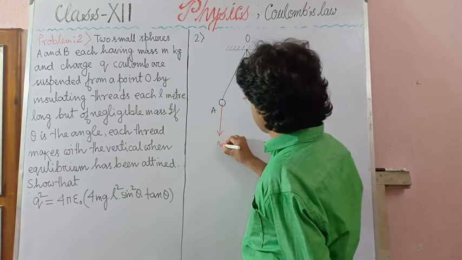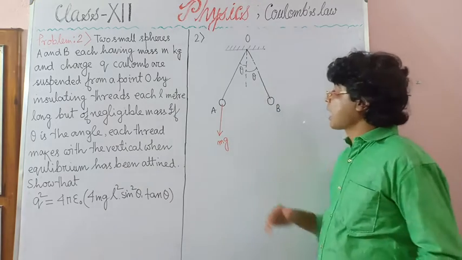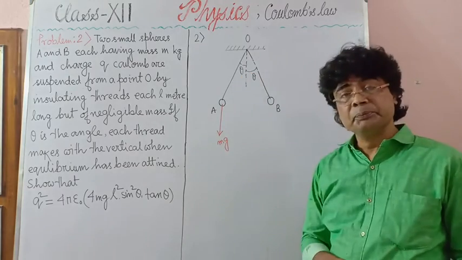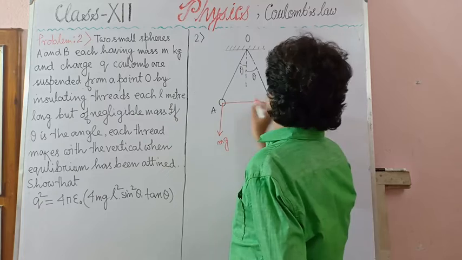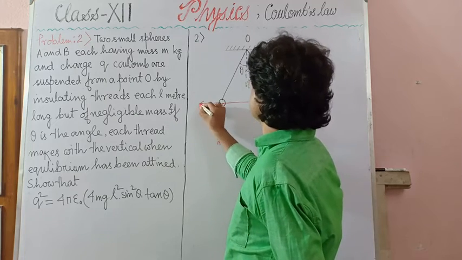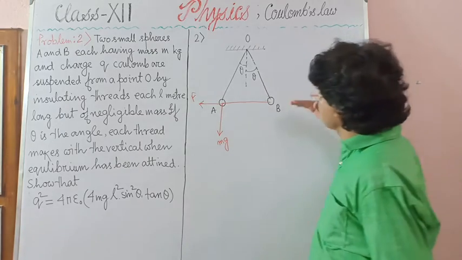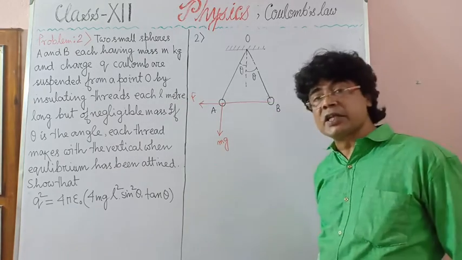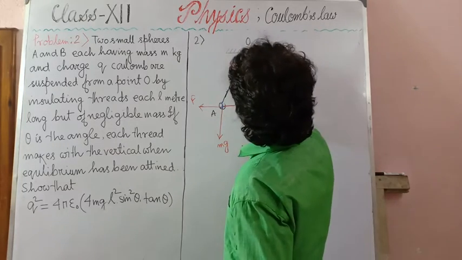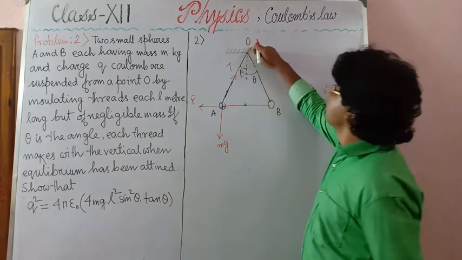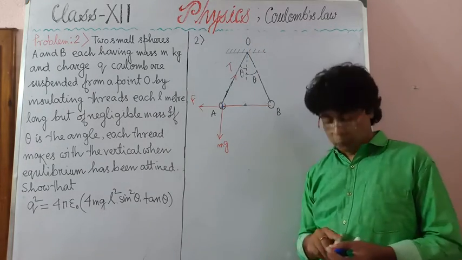Weight mg of the sphere acting vertically downward. Electrostatic repulsive force F acting along the BA direction. Tension T of the thread directed towards the point of suspension O.